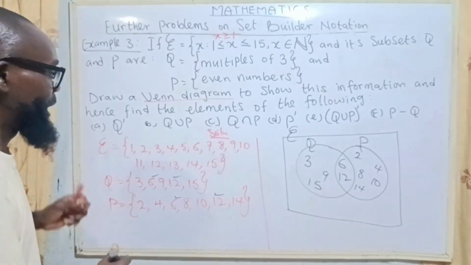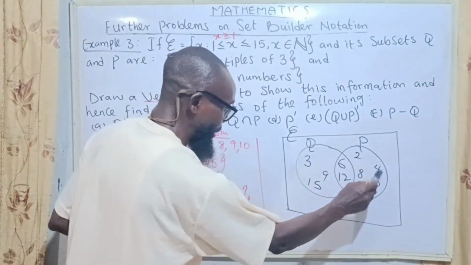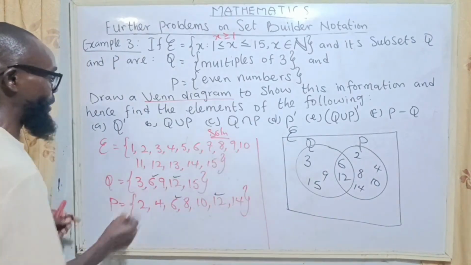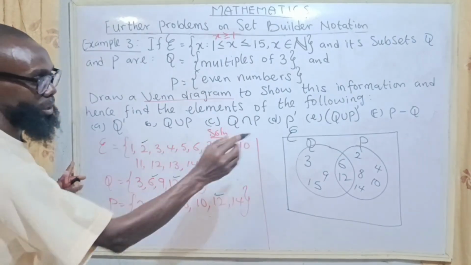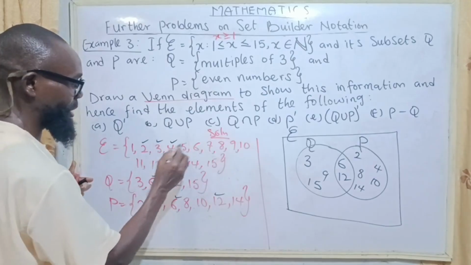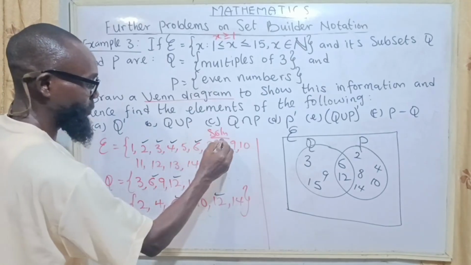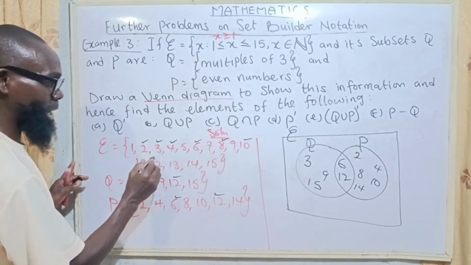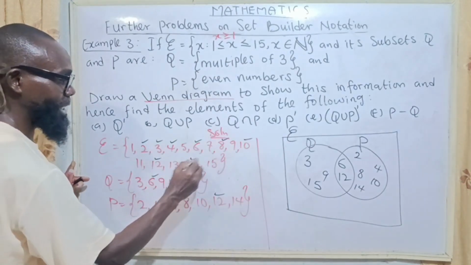Now, if we remove all these elements from the universal set, what remains? Remove 2, remove 3, remove 4, remove 6, remove 8, remove 10, remove 12, remove 14, and remove 15 as well.